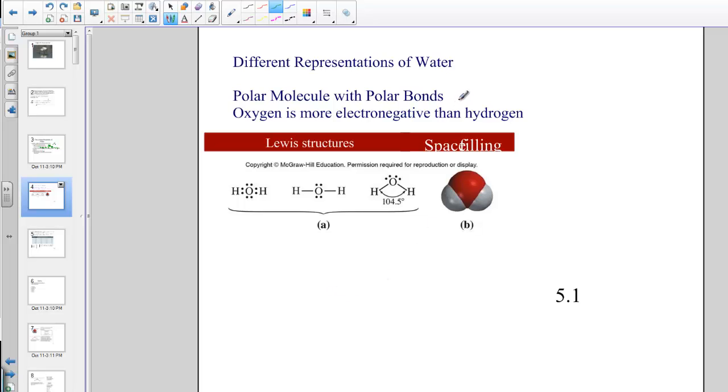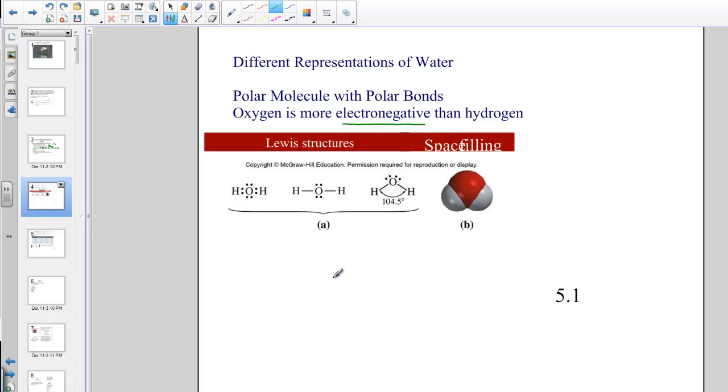We've talked about water being a polar molecule, and we're going to revisit what it means to be polar in terms of the molecular shape and also in terms of the bonds themselves. We'll introduce this word again, electronegativity: how electronegative an element is, its ability to attract electrons in a shared pair.